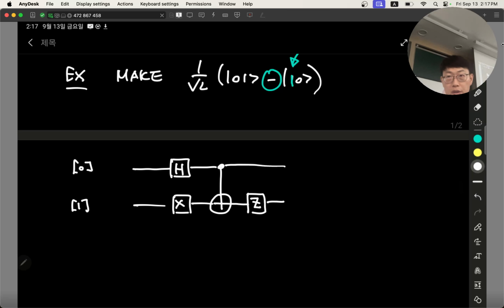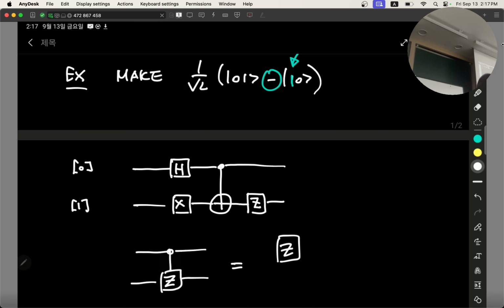Okay, so next time we're going to talk about how to compose a quantum circuit. There are several identities between quantum circuits. For example, this one is same as this one.